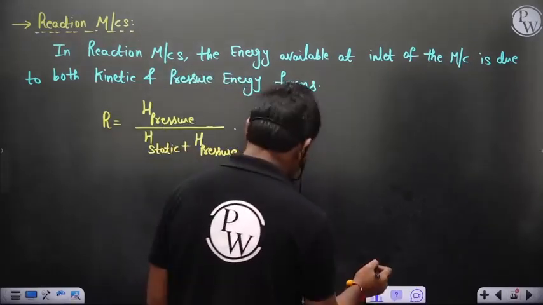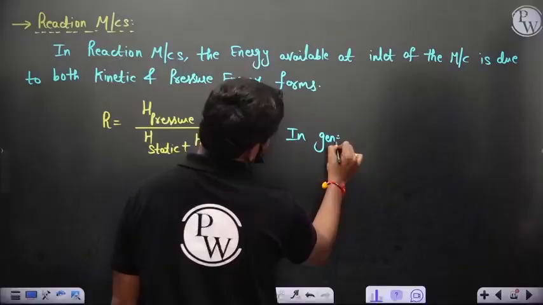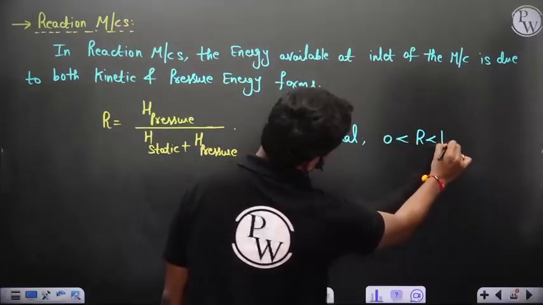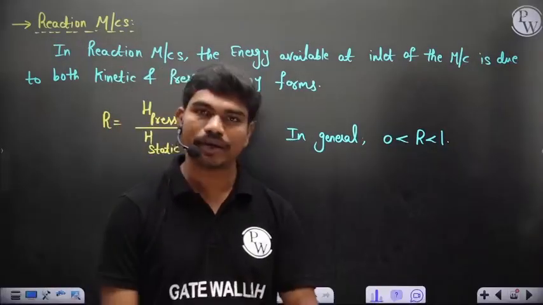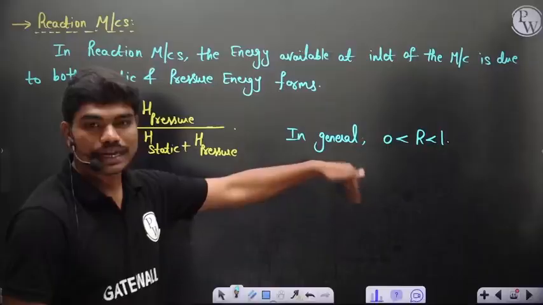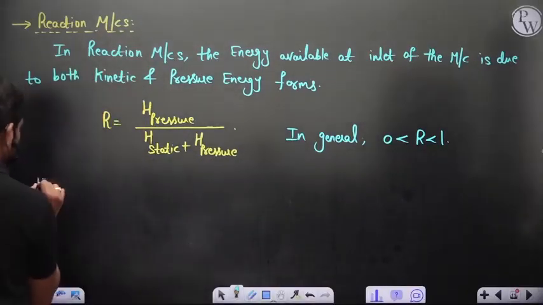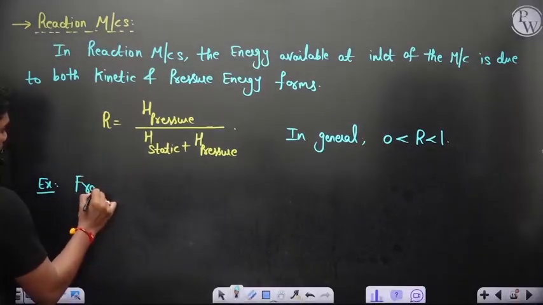So in general, 0 less than R less than 1. There are also exactly 50% reaction machines which we will see, like the Parsons turbine when I'm talking about steam turbines and all. So this R value in reality lies between 0 and 1. An example is something like the Francis turbine.